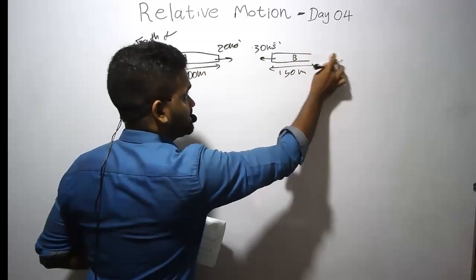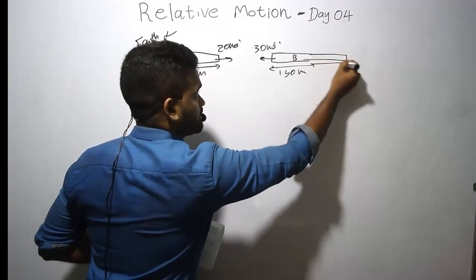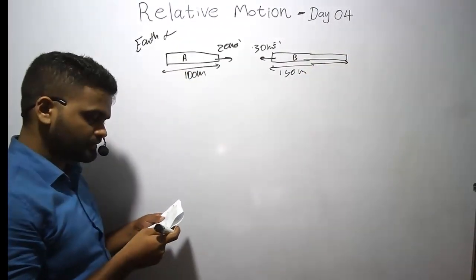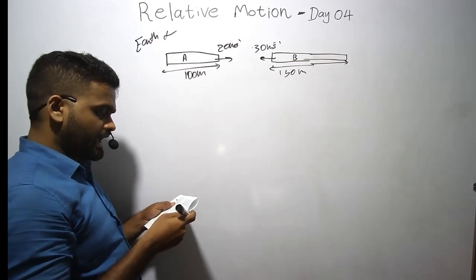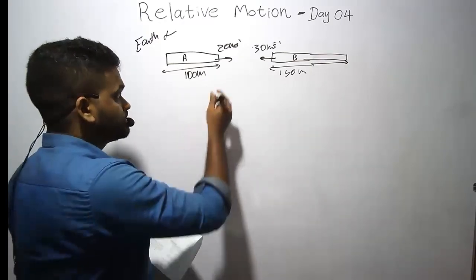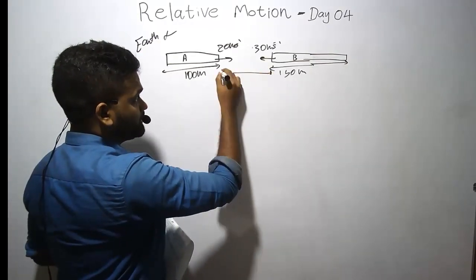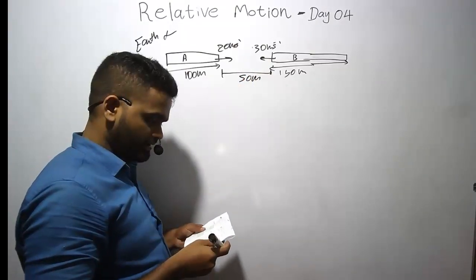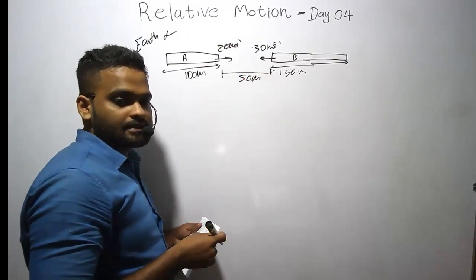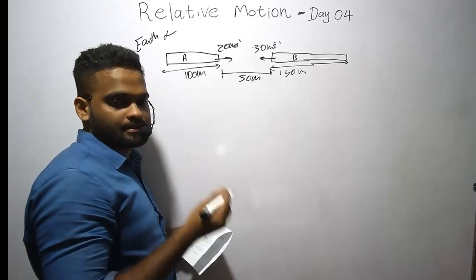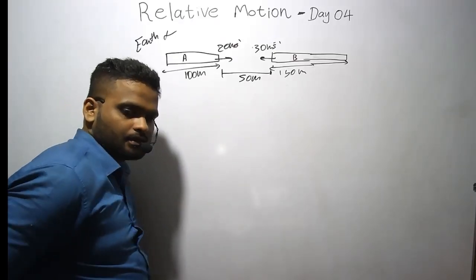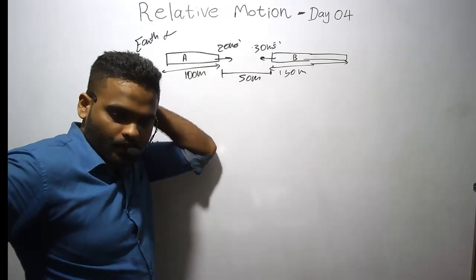So this train is lengthy, right? And the gap between them, between the front faces of them, is 50 meters. So what they ask is the time to pass each other. How do we do this?